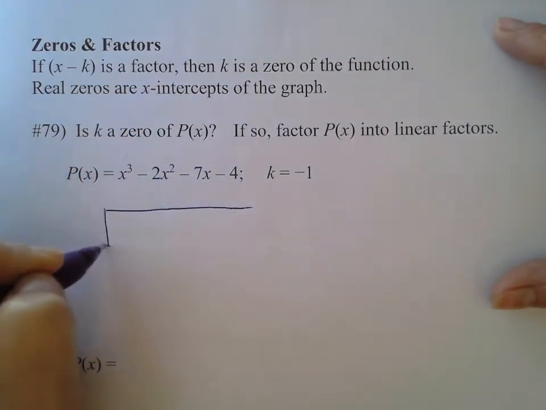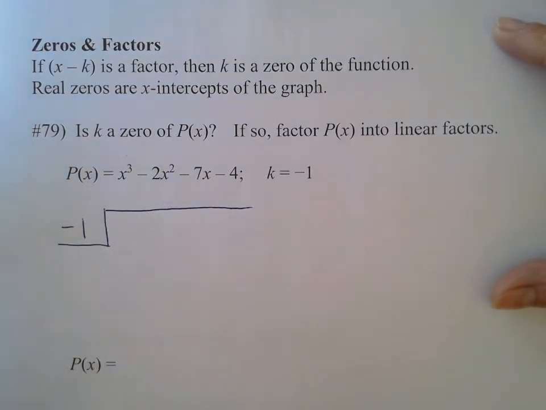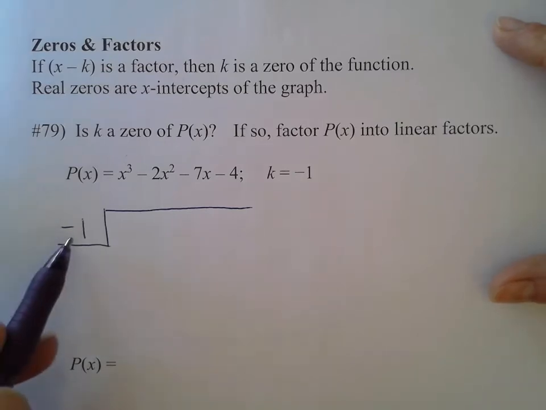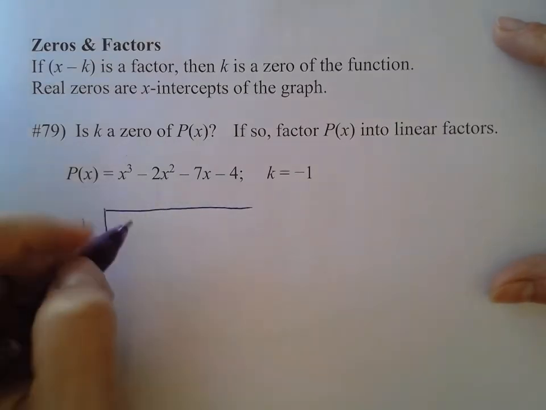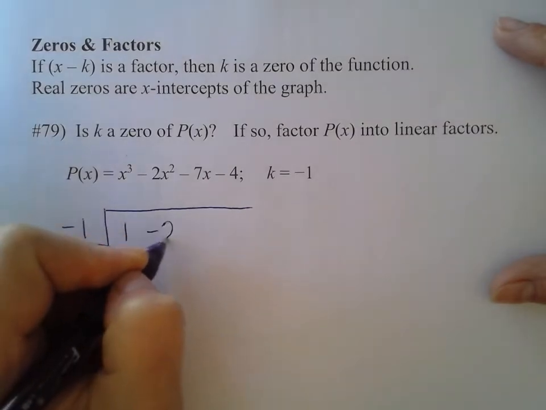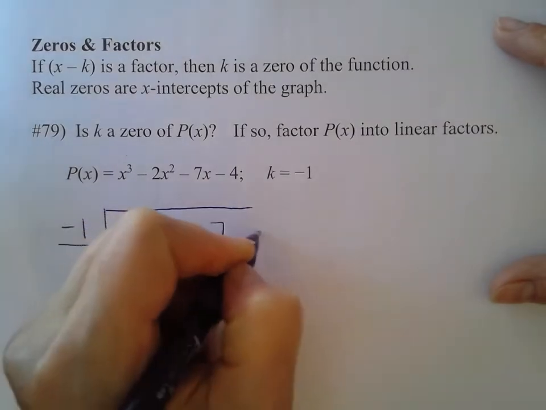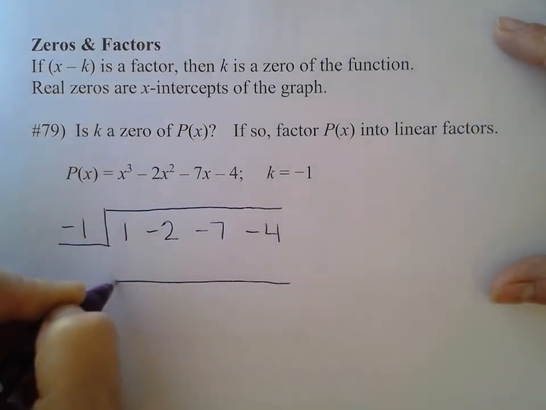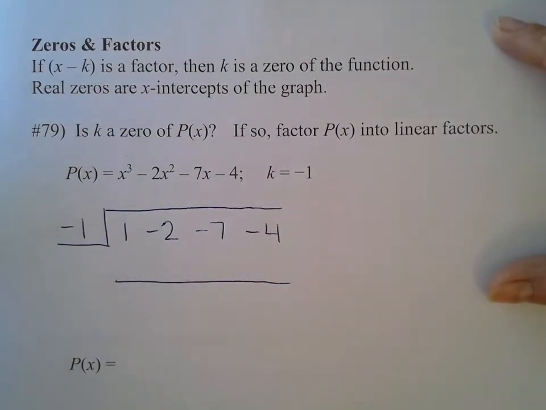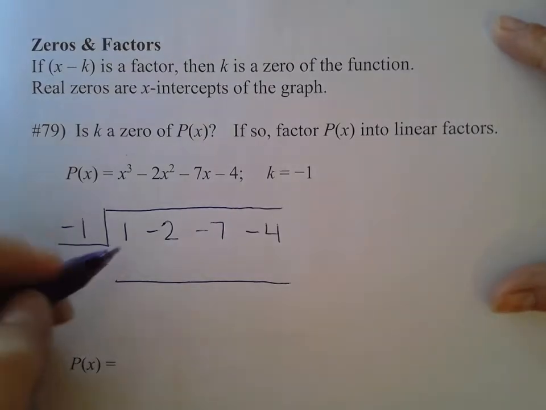Okay, so let's do the synthetic division. We'll put the -1 out front. We don't have any missing powers of x this time, so we don't need any zeros. So here's our coefficients. Maybe at this point you're a pro now on synthetic division, now that we've done several.